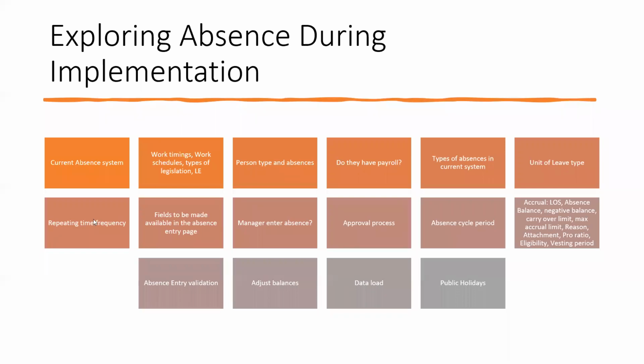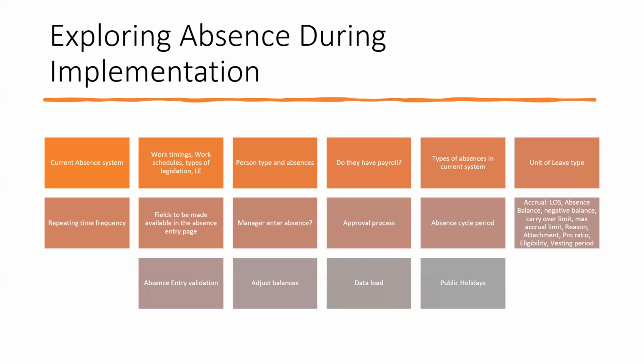Next thing is the repeating time frequency. When it comes to repeating time frequency, we all know why it is configured. It is made use of under absence plans for the accrual types, so it is to understand the time frame in which accruals get accumulated.